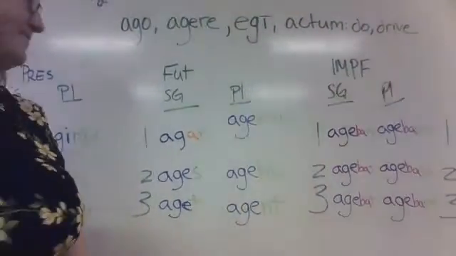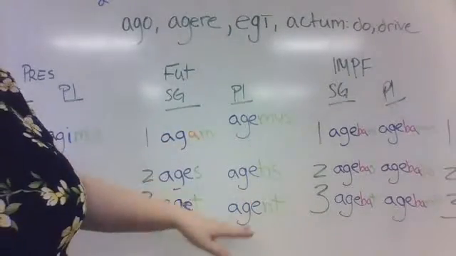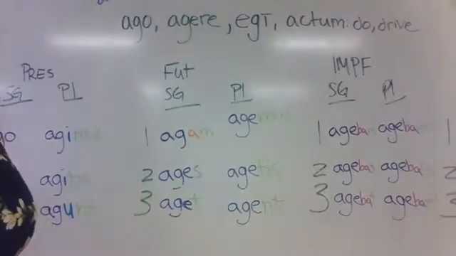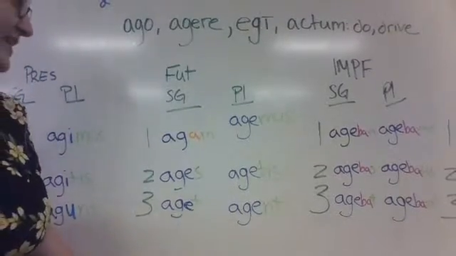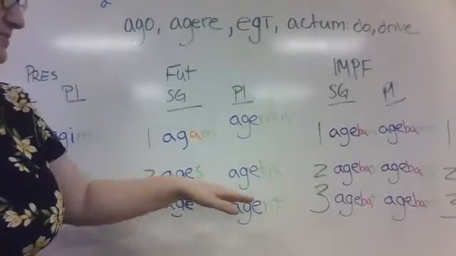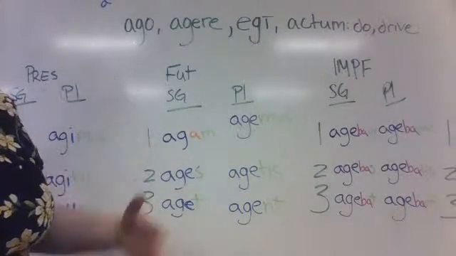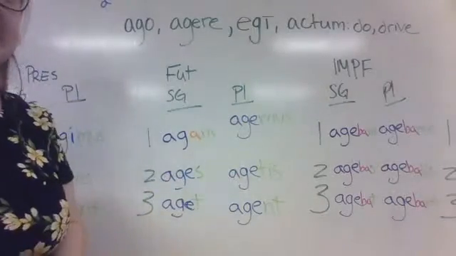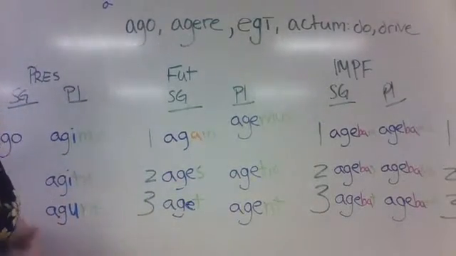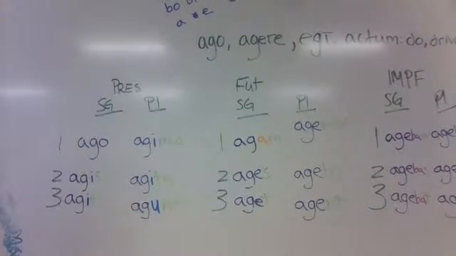In the future, we get our stem, and then instead of adding bo, bi, bu to make a future, we're going to add A and E. So we keep the E's, and we change an E in the first person to an A, and then put on our personal present endings. So those are the only two tenses where it changes for third conjugation.